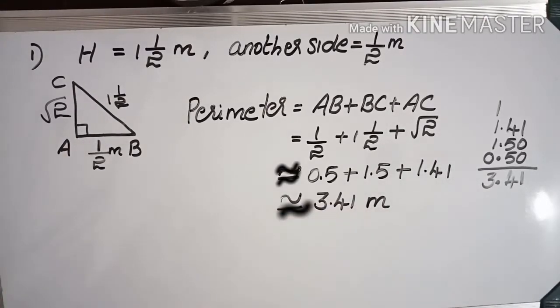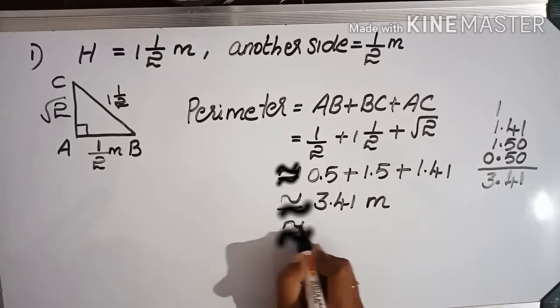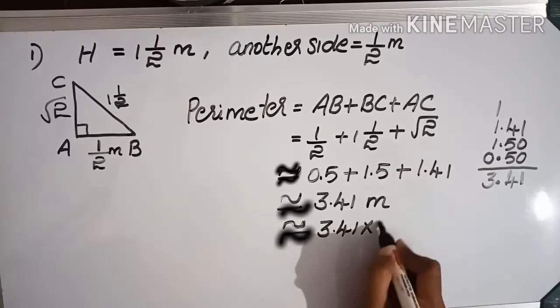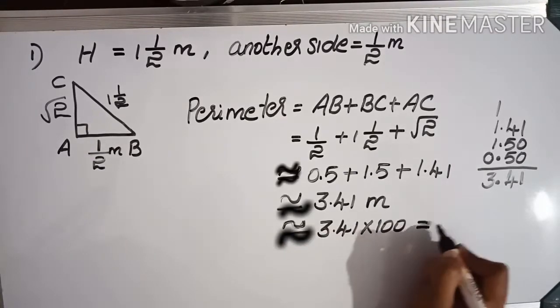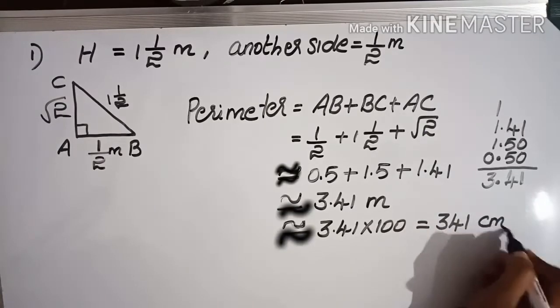Now we have to convert this into centimeter. How to convert meter to centimeter? Meter to centimeter means multiply by 100. So this is approximately equal to 3.41 into 100, that is 341 centimeter.